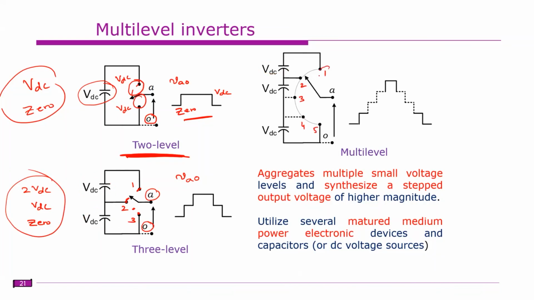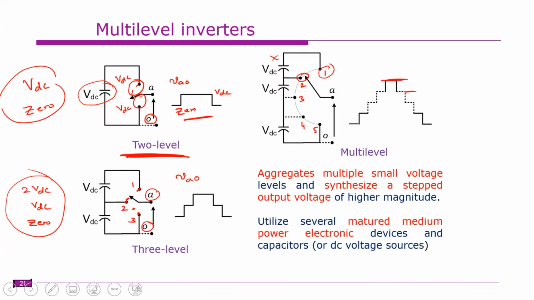If it is connected to 1, all these DC sources become in series, right? Agree? So that means the maximum voltage can be obtained. If it is connected to this 2, this voltage is bypassed, so 1 less than that.